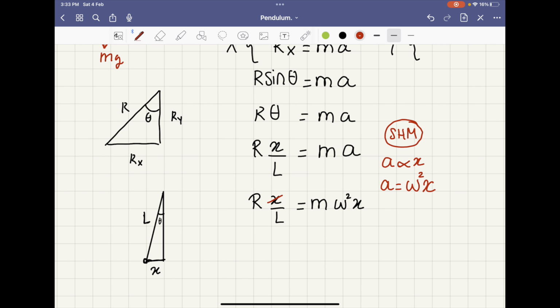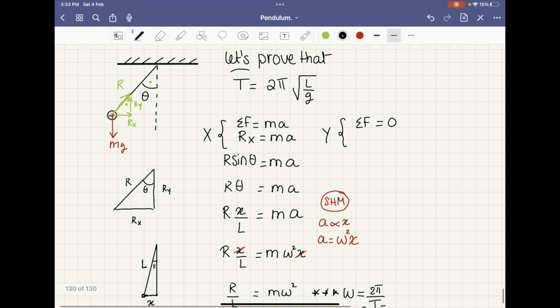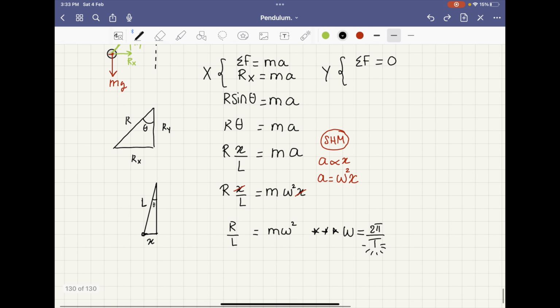Now we can simplify by x, and we get that R divided by L is equal to m omega squared. And that's a very important step, because we just found a relationship with omega that is equal to 2 pi divided by T. So we just got our T, which is this, into our equation.